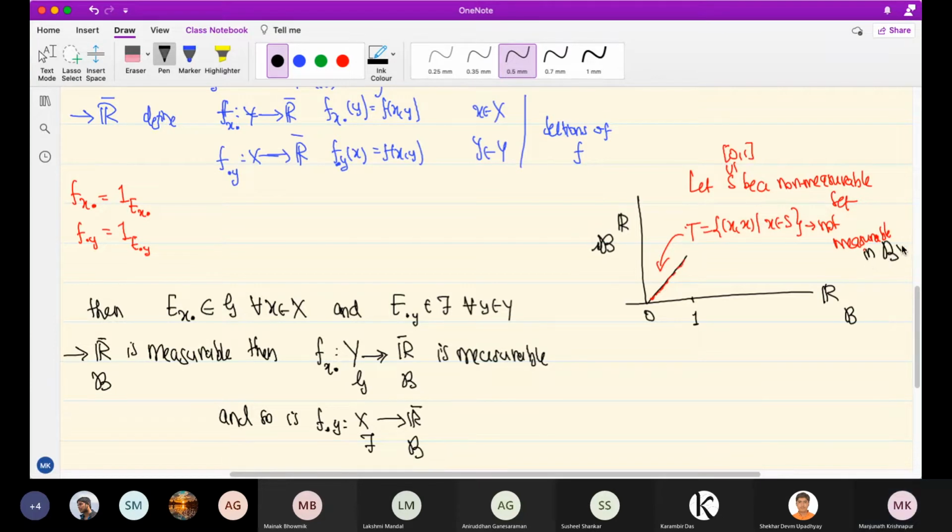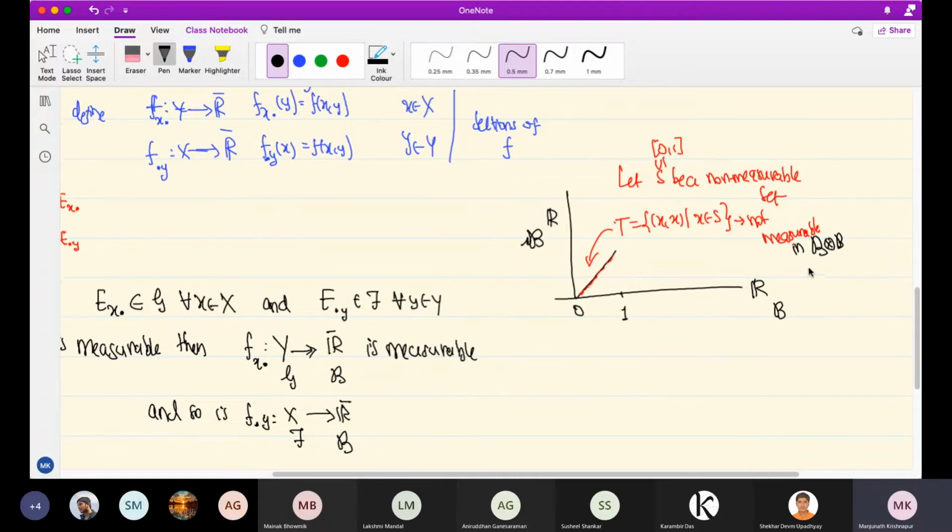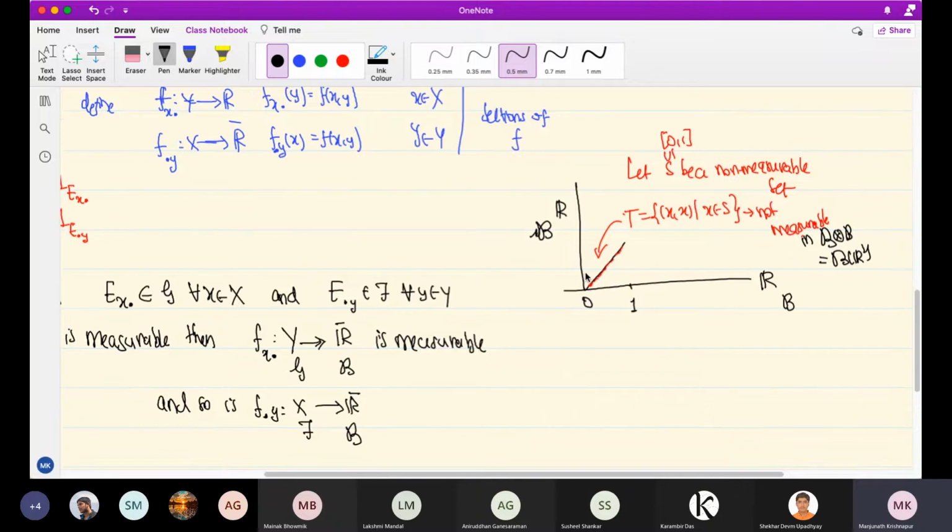So this is not measurable in B product B, which, by the way, I have not proved, is in fact equal to the Borel sigma algebra of R^2. But let's leave that for a moment. It's not measurable.